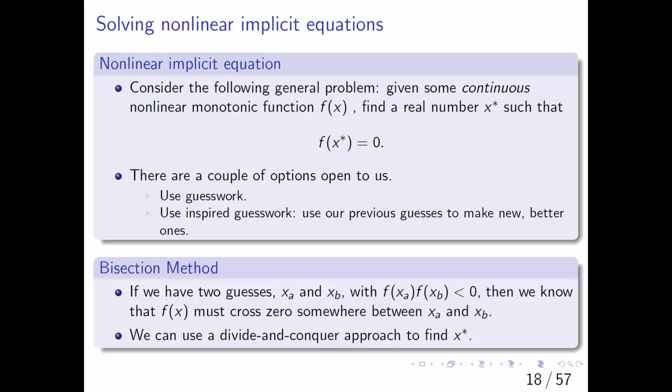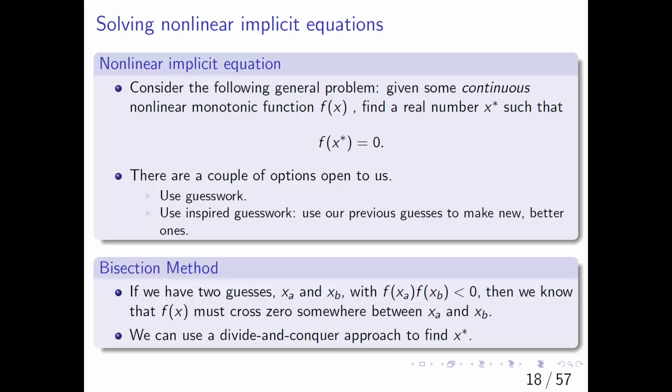Then we know that the nonlinear function f(x) must cross 0 somewhere in between xa and xb. Here we rely on the previous condition that f(x) is a continuous nonlinear monotonic function. That means it either goes up with x or goes down with x, in the same direction.